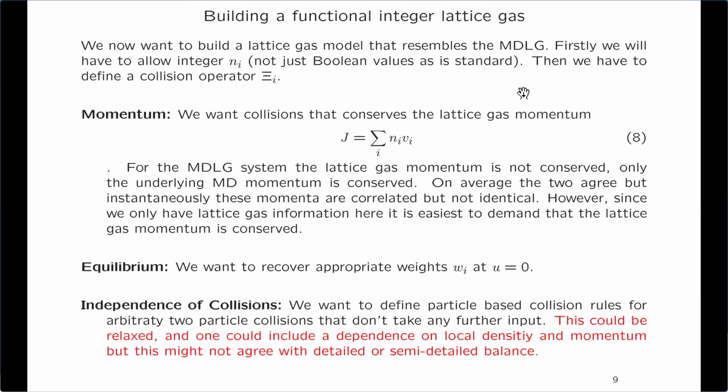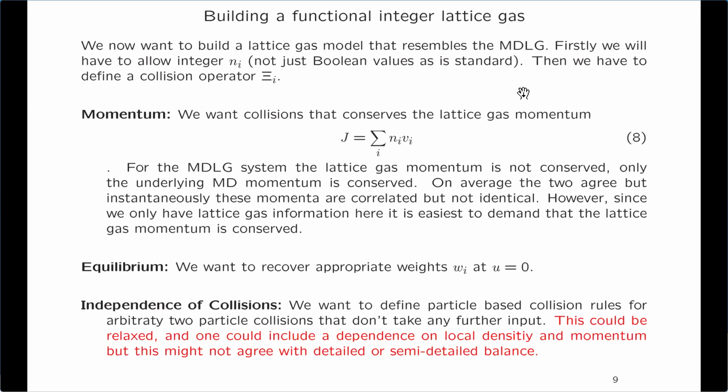And we have to define the collision operator, right? And first, of course, we want that mass conservation, which is trivial, we just don't destroy any particles. We want it also to conserve momentum. And that's a little tricky, because that doesn't come straight out of the MDLG. In the MDLG, the real momentum is conserved, but the particle momentum, the lattice gas momentum, is not quite conserved, because imagine a simple case where a single particle is moving slowly, right?